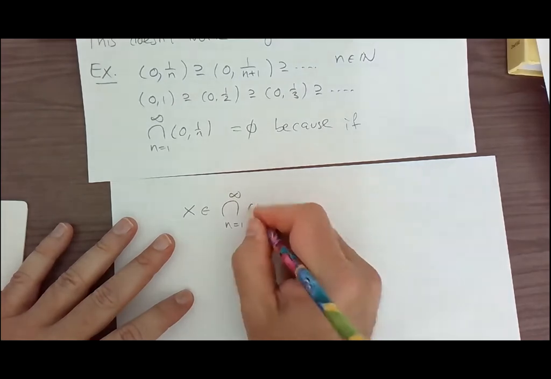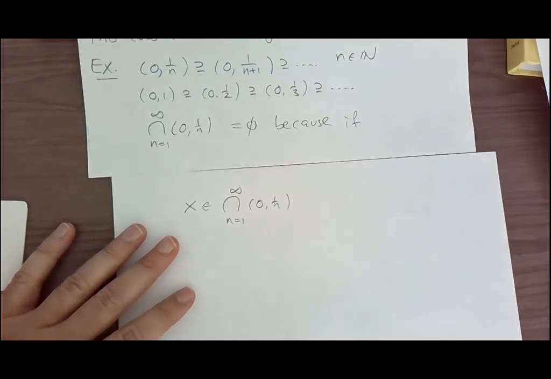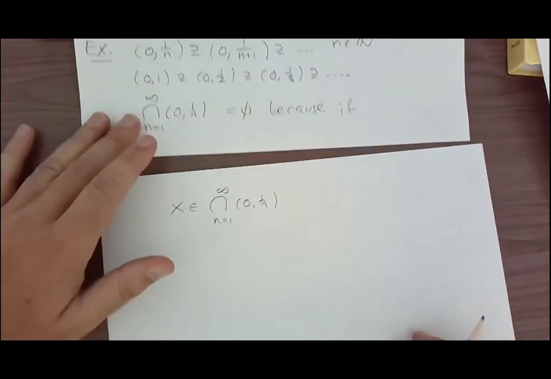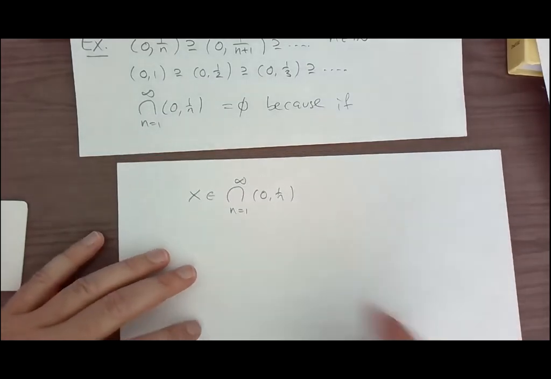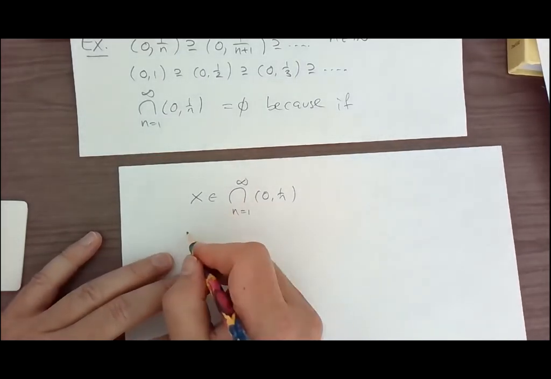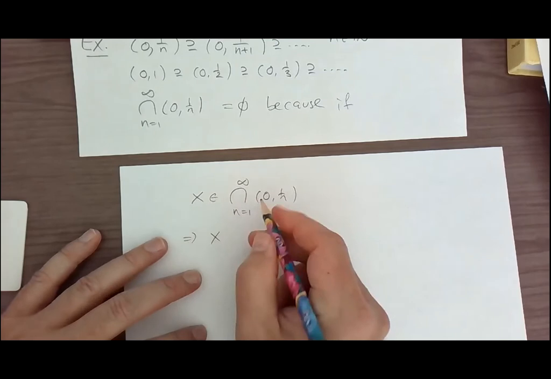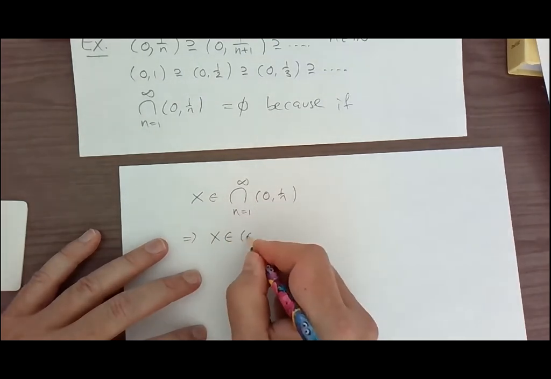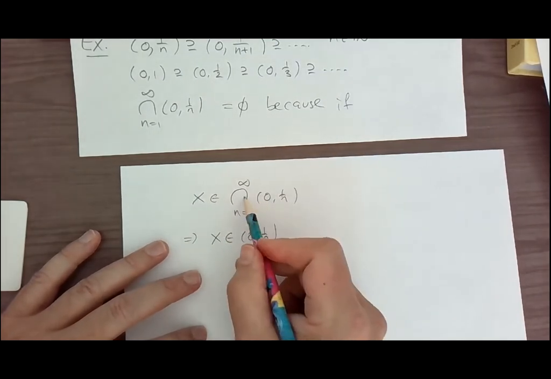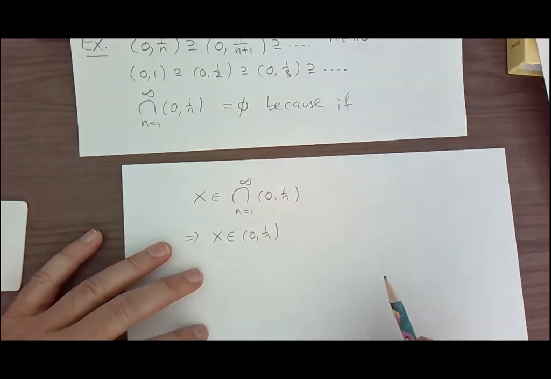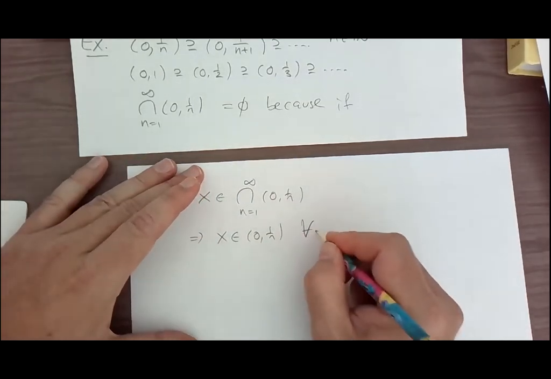If I am in the intersection, I need to be everywhere. If I have such an x, then I would have to have x in everything. I belong to the intersection if I am in every single set. So x has to be in this thing for any n.